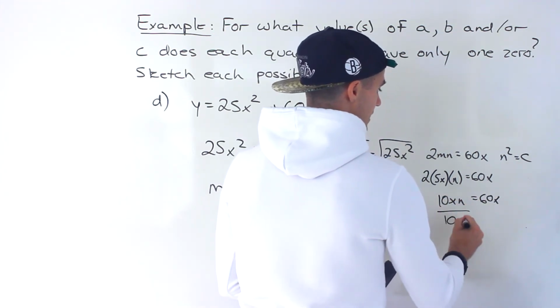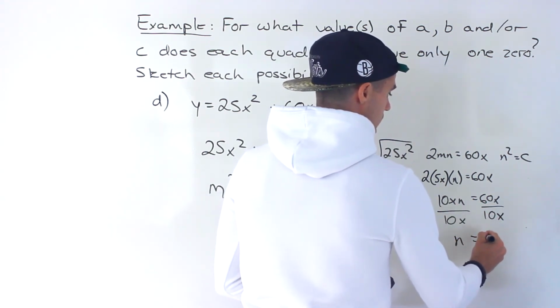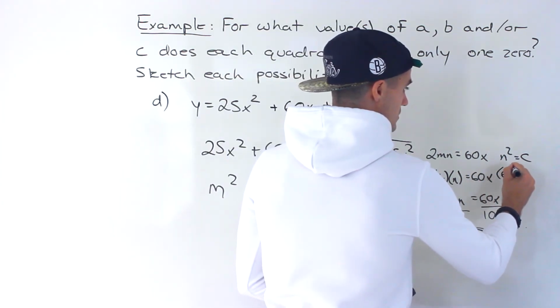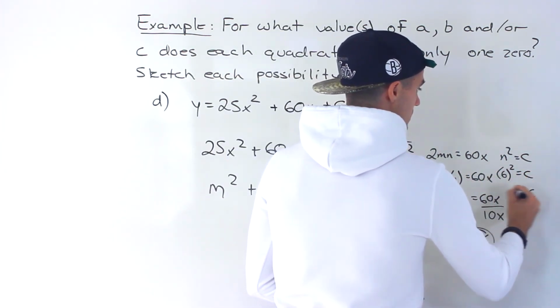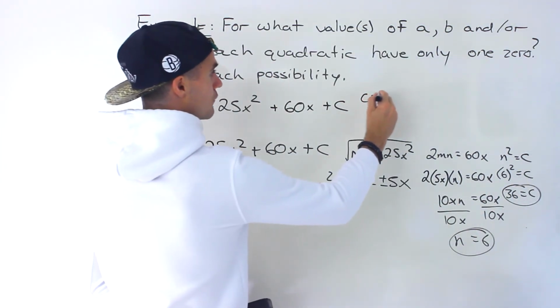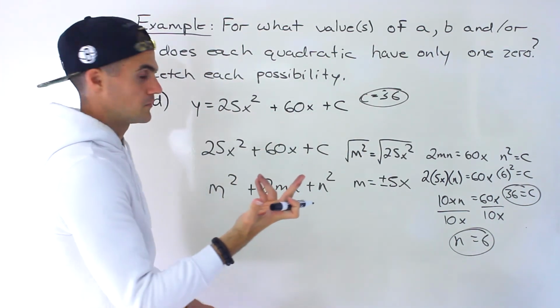Divide both sides by 10x to get n by itself. n is equal to 6. Well, we plug in 6 over here, square it, and the c value is 36. So a c value of 36 would make this a perfect square trinomial.